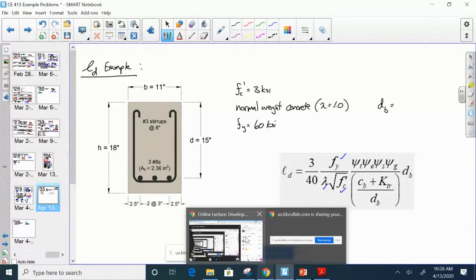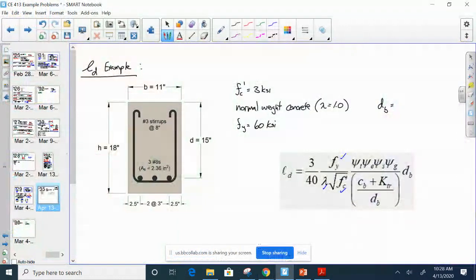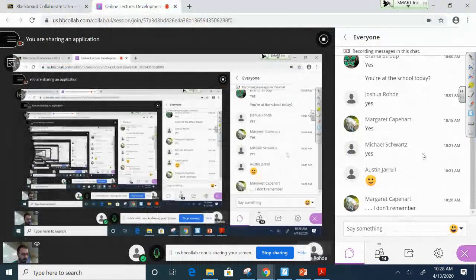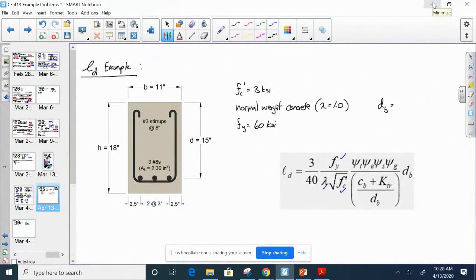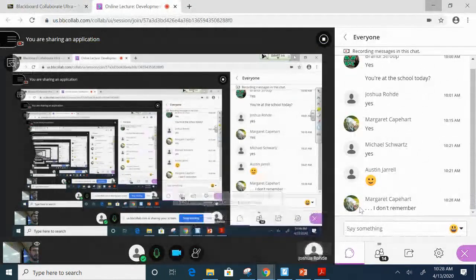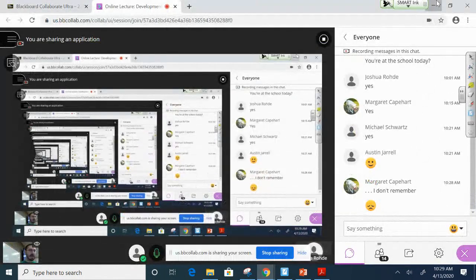Does everybody remember how to compute the diameter? I'll give you a hint. If the diameter is anywhere from a number 3 to a number 8, we do something to compute the diameter. It's okay.